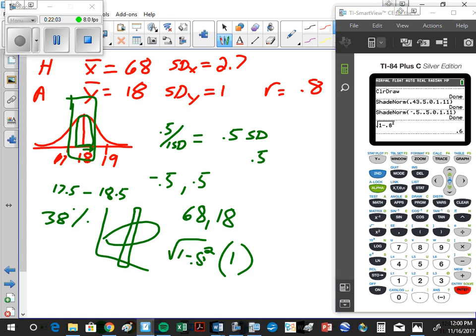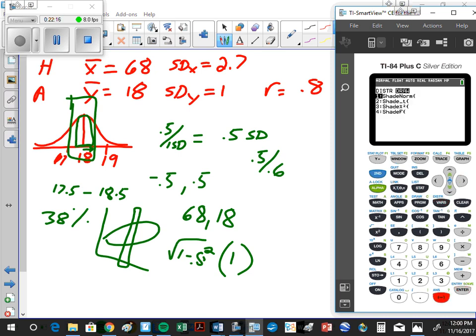So now you do the same calculation with 0.6. So 0.5 divided by 0.6. So now I'm 0.83 SDs to the right and 0.83 SDs to the left. So negative 0.83 to 0.83. Oh, sorry, my calculator stopped working.